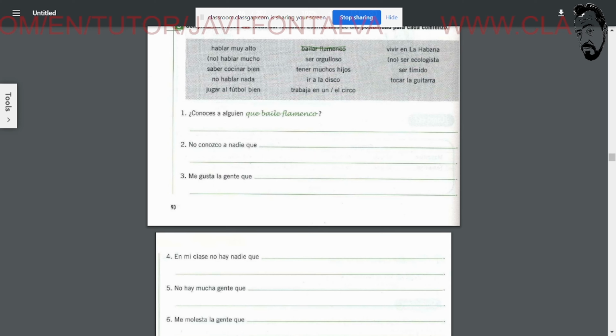We usually use el cual or la cual especially after según. So, hemos recibido noticias según las cuales el asesino se encuentra en Sevilla. El cual, la cual is quite formal, and usually it's going to make the sentence lengthier.